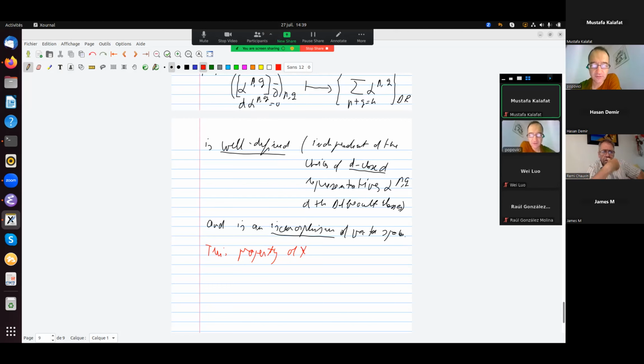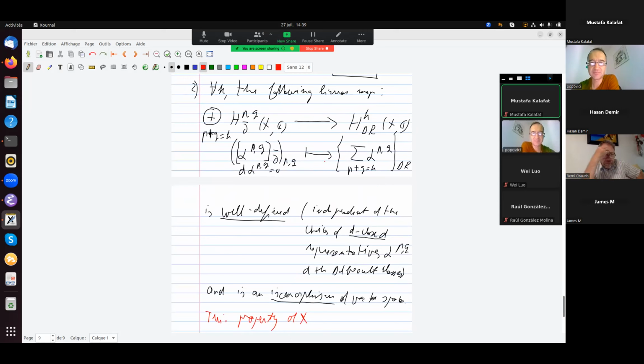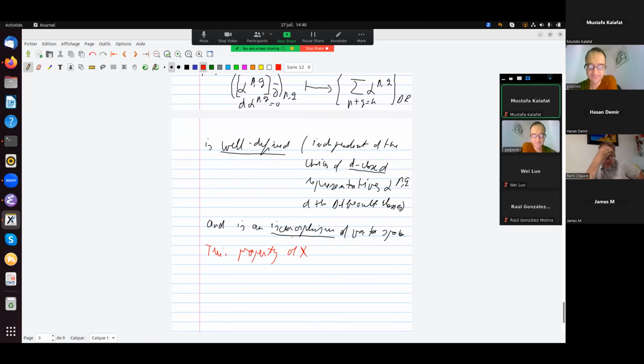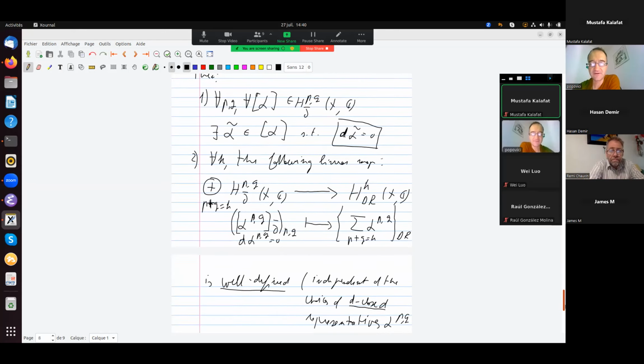The property that the Dolbeault cohomology is canonically isomorphic to the de Rham cohomology via the map induced by the identity in cohomology is called the Hodge decomposition property of X. But not every manifold has it. Only DD-bar manifolds have it. So the converse is also true. So if X is a DD-bar manifold, then we have this.